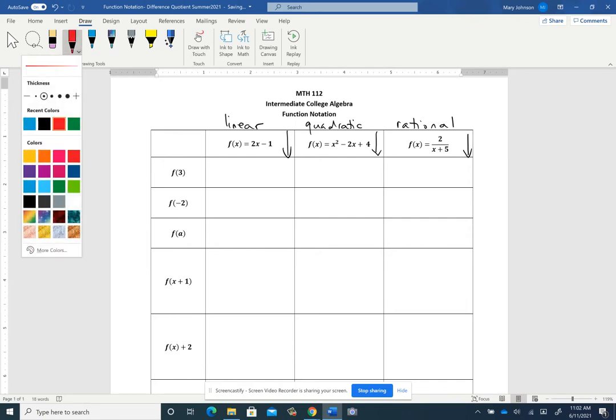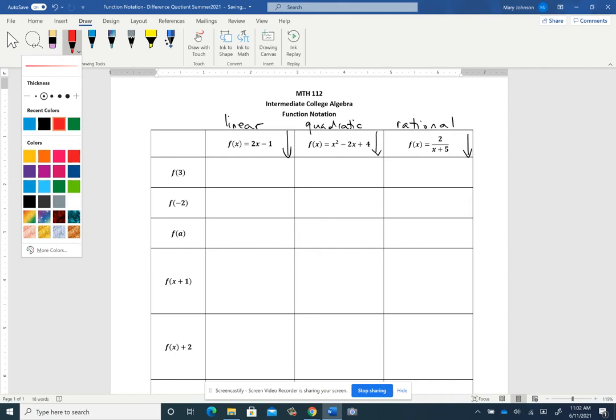When you come to class on Tuesday, I want you to have the first two columns. That's what we're going to do. And then we'll work on the last column together in class. But I'd like for you to be able to do the simple ones, the linear one and the quadratic one, and have kind of the basic idea.